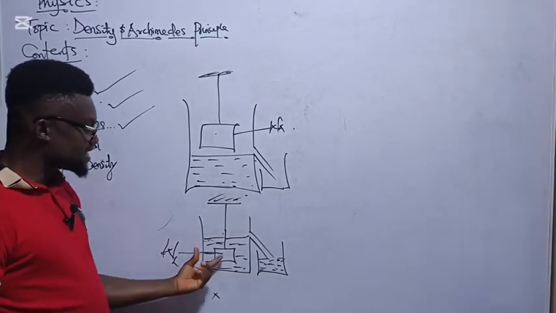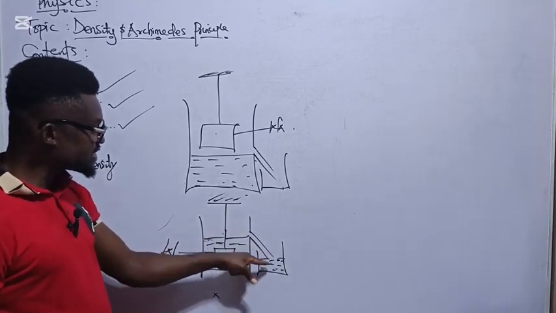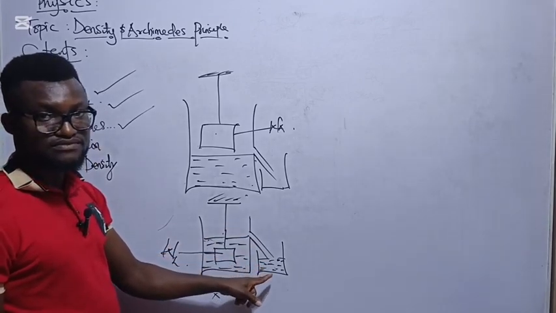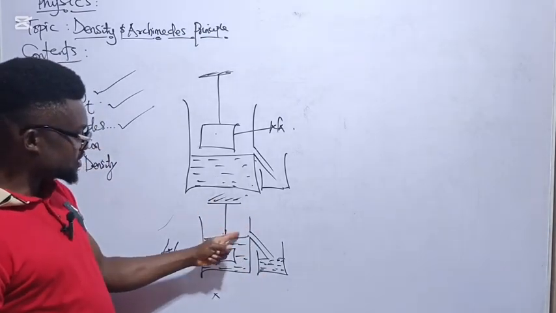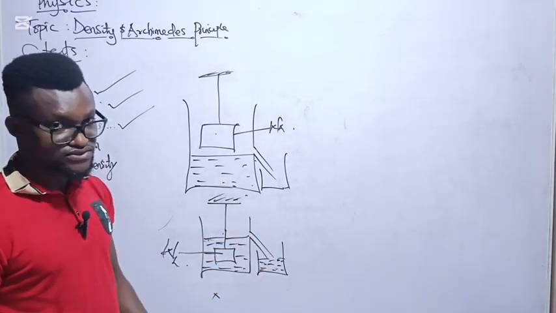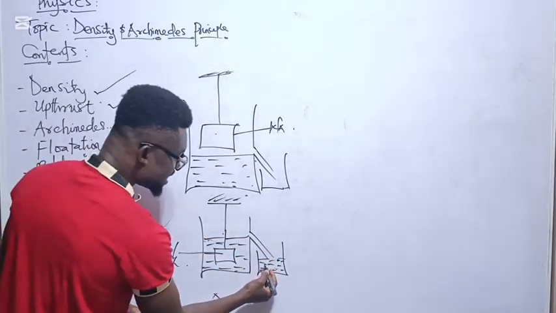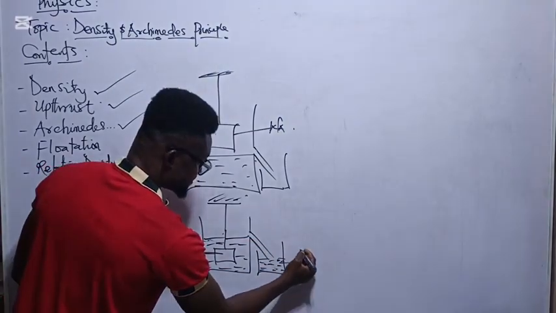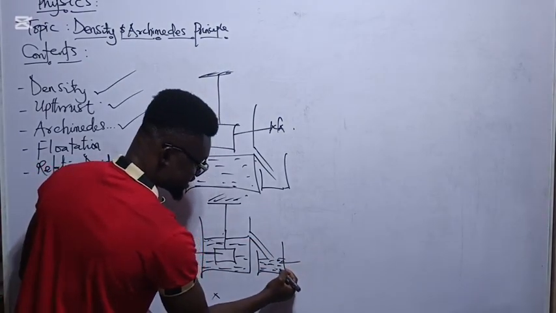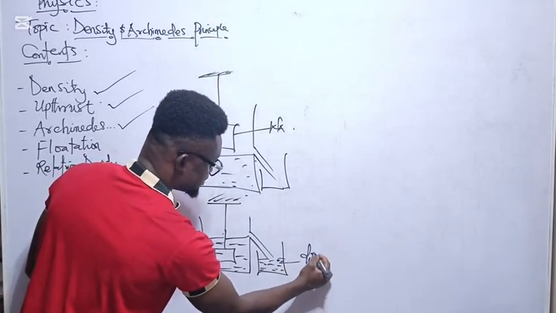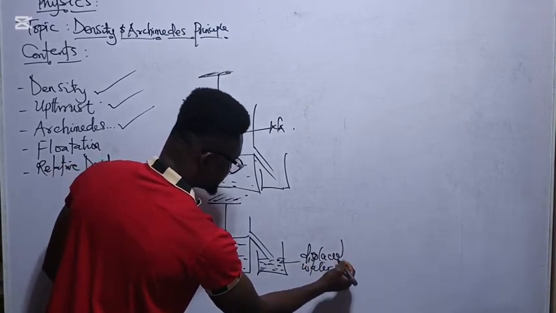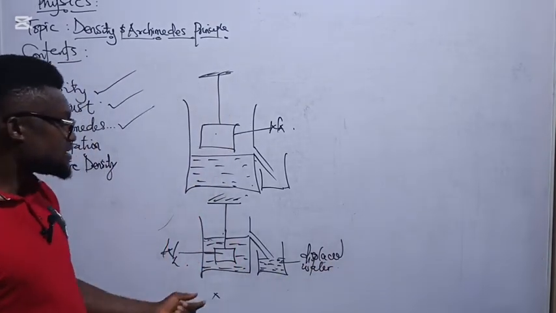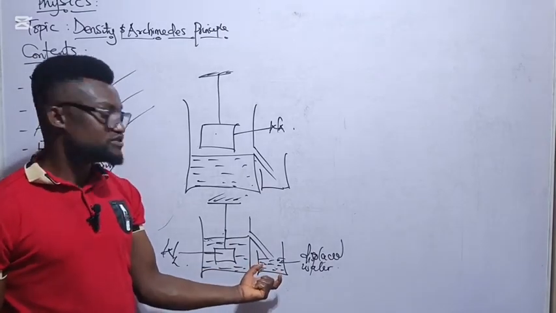Now, the moment you immerse it, there will be spillage of liquid. There will be overflowing of this water, which will pass through this nozzle. The water that was displaced, this is the displaced water or displaced liquid.